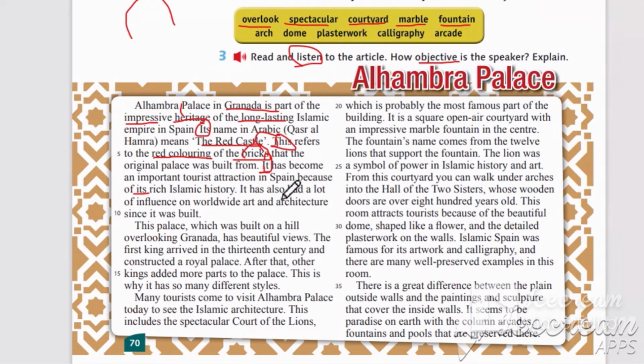It has also had a lot of influence on the worldwide architecture since it was built. Influence, what does influence mean, Miss? Impact. It has a great impact on world architecture since it was built. Also, since it was built refers to whom? To Alhambra Palace.